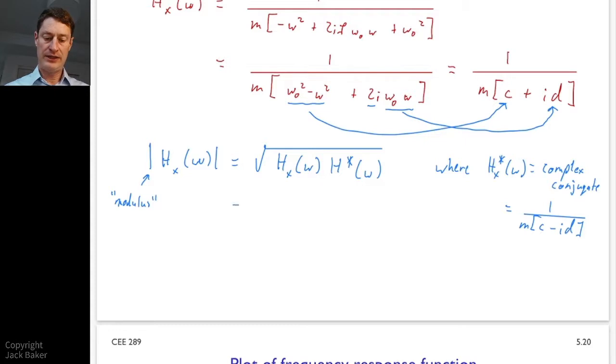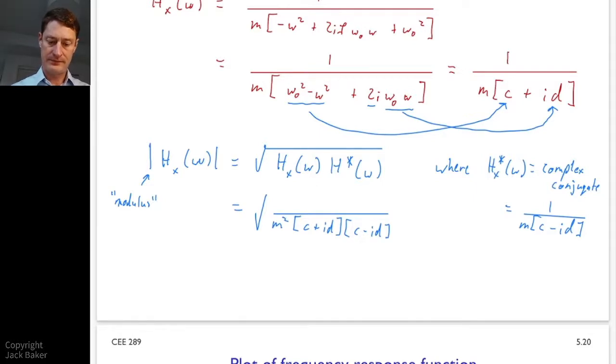When we look at this equation, I've got a square root, then we've got 1 over m squared, because both the frequency response function and its complex conjugate have an m out front. And then we get c plus i d from the h of omega term, and a c minus i d from the complex conjugate term. The whole thing's in the square root. Then we can simplify this a little bit.